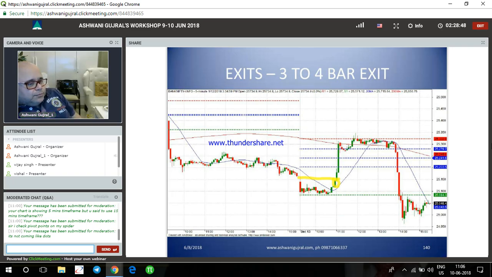Now what is the problem? One green bar and then a massive green bar which goes and slams into the 200. So the market comes back, again tries to go up, again goes up. Now understand this, if you are long and the market starts to go sideways on you, and as time goes by, it becomes bearish.